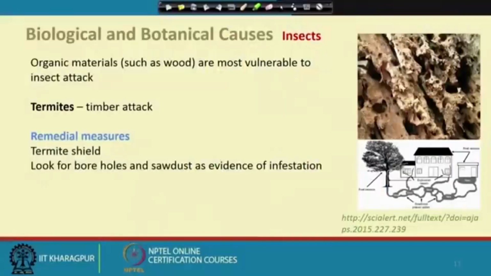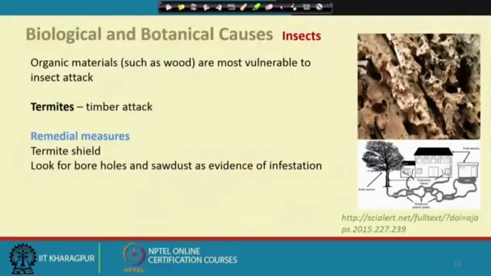And of course, one must also know that there are remedial measures like termite shields. We have to look for the boreholes and sawdust as well. So, termite effects do not come without certain indications. Through daily cleaning and other things, people can understand there is some indication, and one can take care, rather than suddenly finding one day that everything is gone beneath the surface.